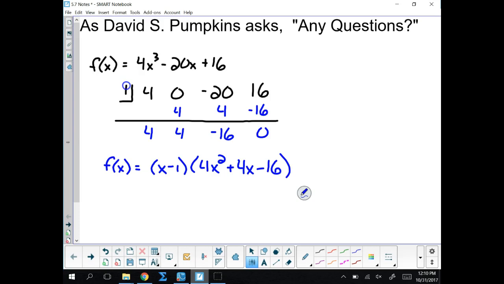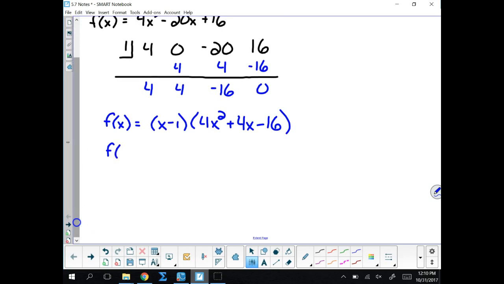Right? Factor a 4 out. Not factorable, that trinomial. Okay? So let's go right to then our zeros.